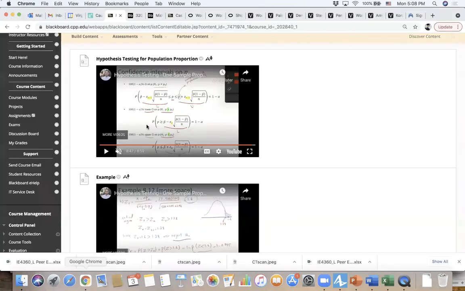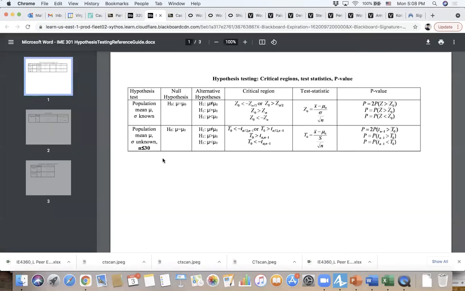Then which row do I pick? The top row. If population standard deviation, or sigma, is known, we pick the top row and we are not worried about sample size. Then we pick whatever formula we need depending on the question we have been asked.